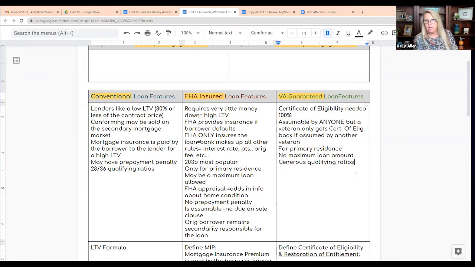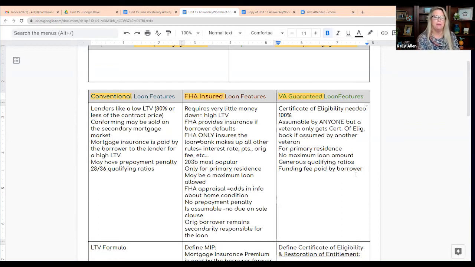The VA loan may charge a funding fee. In fact, they will charge a funding fee. Funding fee paid by borrower. And I believe it says in your book, it could be anywhere from 0.5% of the loan amount up to 3-point-something% of the loan amount. That's a little detail you probably don't need to know.